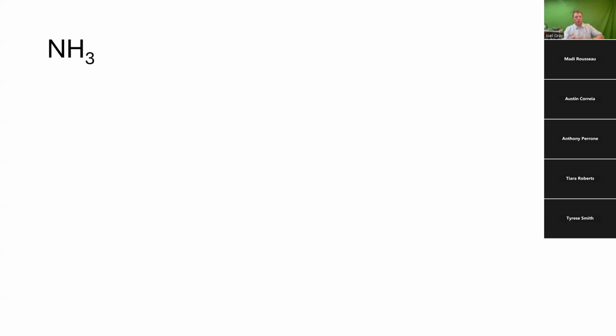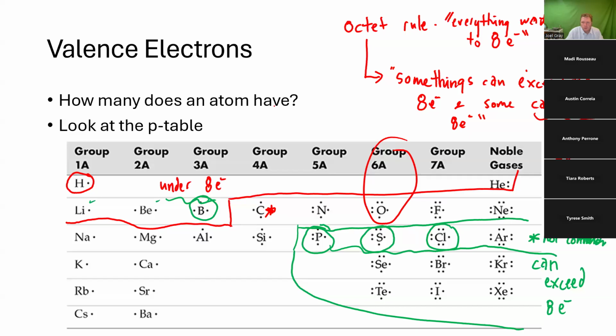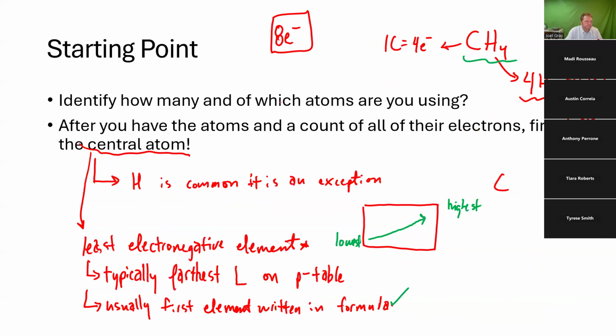That's a good jump-off place, because hydrogen's basically never the central atom. So we're going to go with nitrogen. Now I'm going to start out with my central atom, and nitrogen has 5 valence electrons.